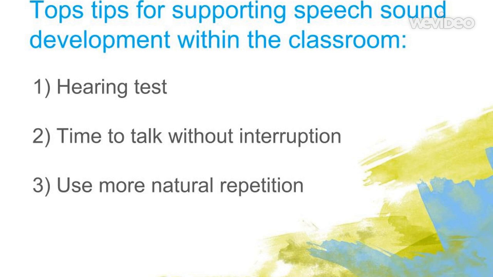One of the biggest reasons for speech sound difficulties will very much be glue ear. That can be that they've had glue ear when they are an infant, when they're 18 months, 2, 3, and they may no longer have any ear infections in later years, but those early ear infections may well have interfered with acquiring speech sounds, not hearing sounds properly.